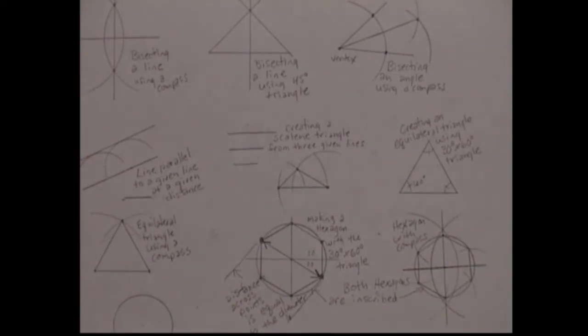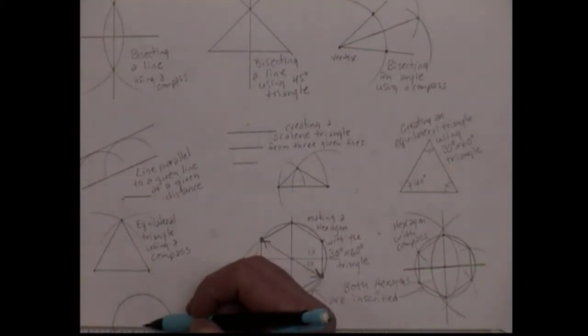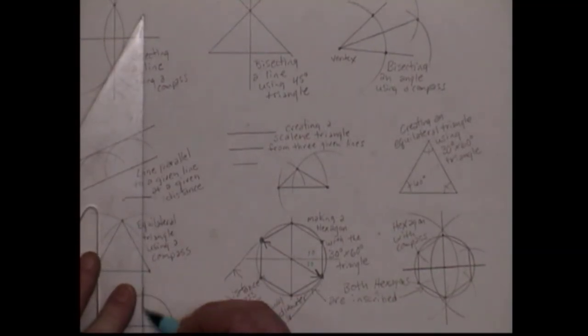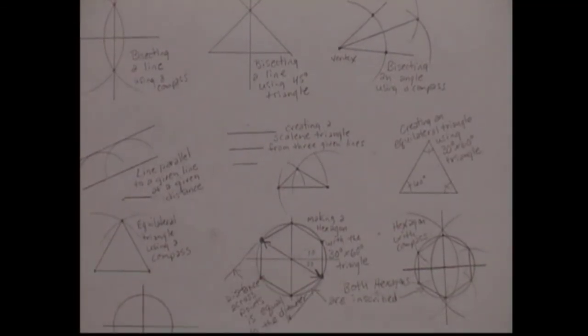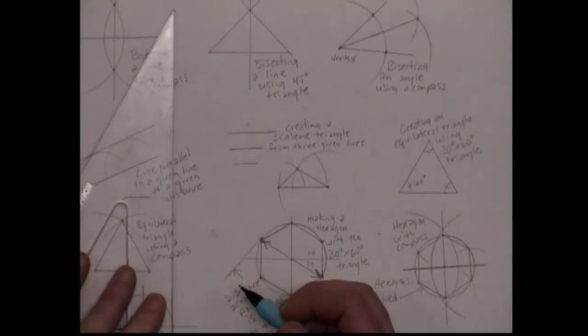I'm doing this a little bit backwards because I should have made my center lines first. So using our 30-60 triangle, we could make lines tangent on all sides.